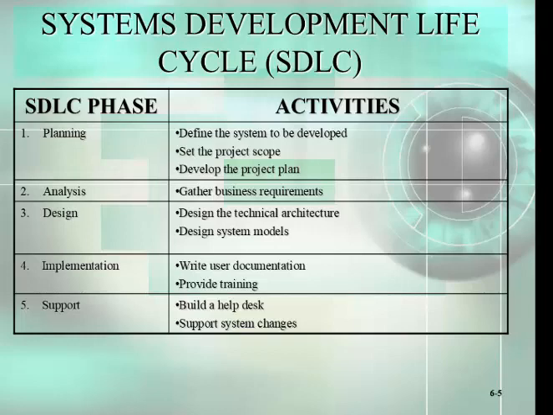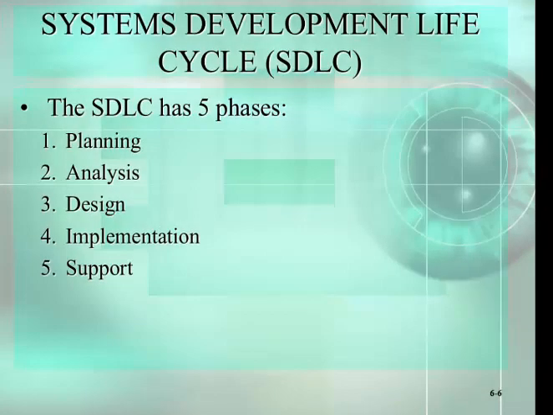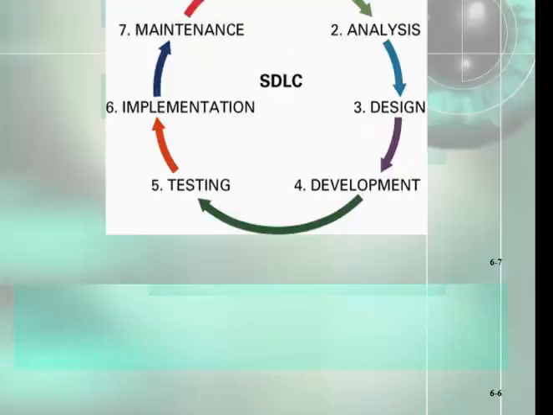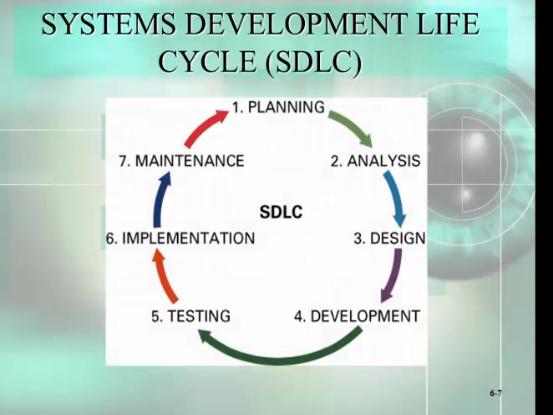It develops the project plan. Analysis gathers business requirements. Design designs the technical architecture and the system model. Implementation writes user documentation and provides training. Support builds a help desk and supports system changes. This is the explanation of the System Development Life Cycle, SDLC.